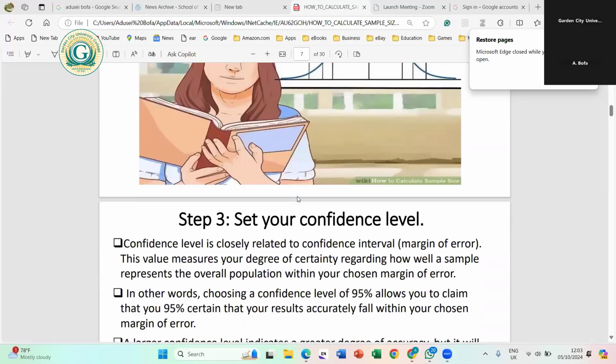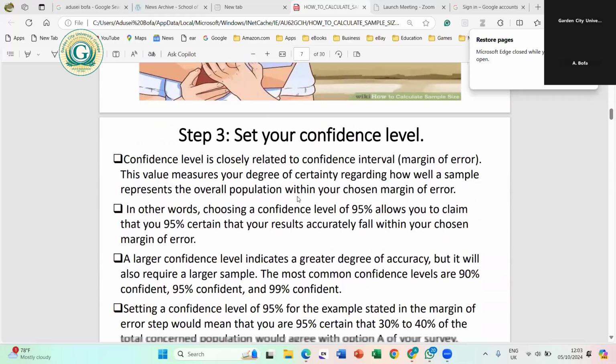The confidence level works hand in hand with the confidence interval.